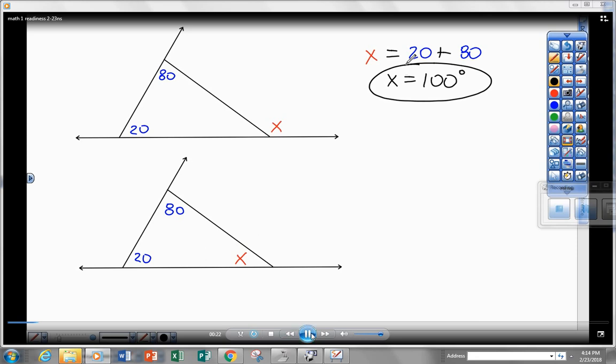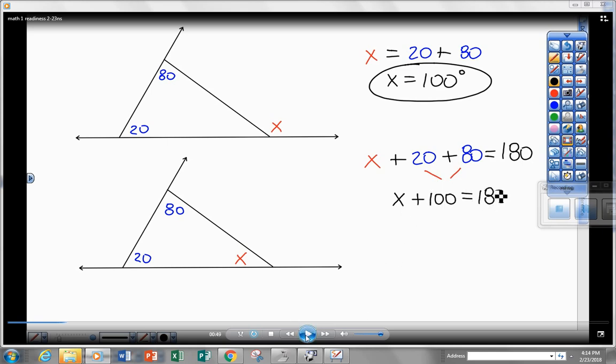The next problem, the difference is this has x inside of it, inside the triangle. If it's inside, this x and the 80 and 20, all three add up to be 180. So the way I set that up is x plus 20 plus 80 equals 180. And then to solve this one, I'm going to combine like terms to get x plus 100 equal to 180.